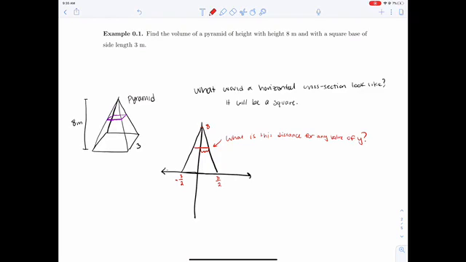The slope of this line is going to be negative 16/3. We have 2 points, so we can easily calculate the slope. So the equation of this line is y equals negative 16/3 x plus 8. We want the x value for any value of y, so we solve for x.